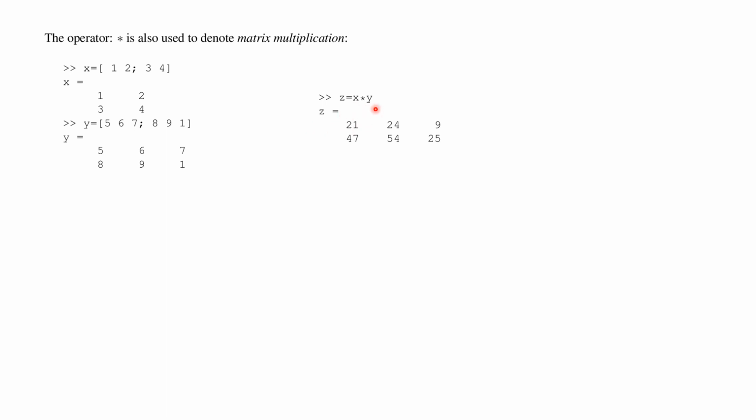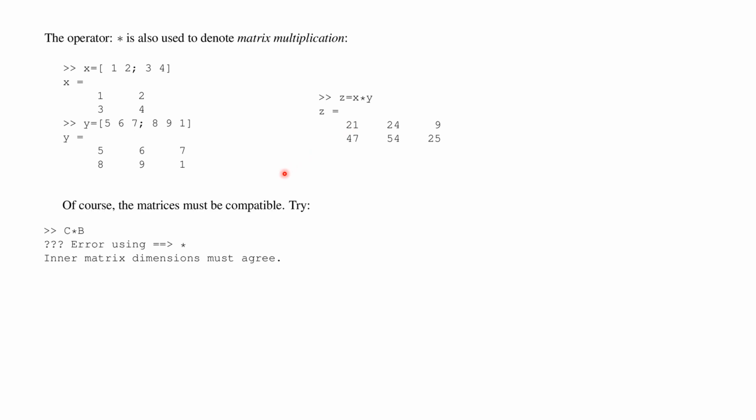This is matrix multiplication. So you take row 1, 2 times column 5, 8, that dot product, the normal matrix multiplication. So it's row 1, column 1 that gives you the element here in position 1, 1 of the product. Of course, the matrices have got to be compatible.